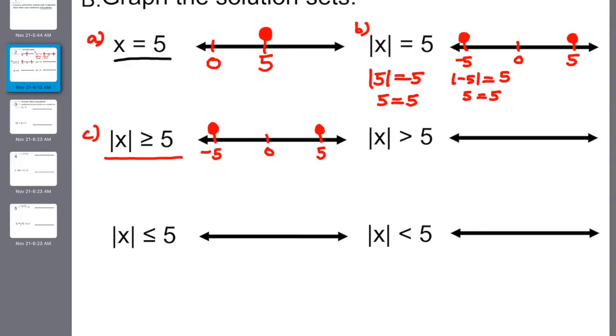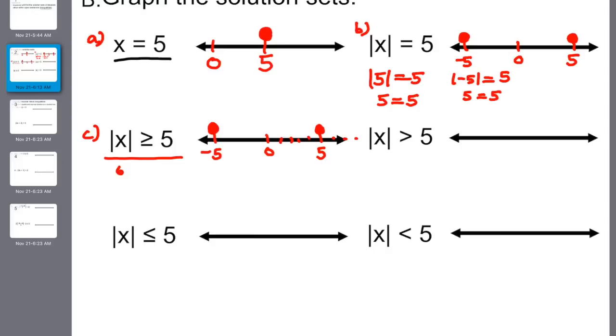Now, this inequality is also asking for everything that's more than 5 units from 0. So ask yourself, is any value, let's say 1, 2, 3, 4, any of those numbers more than 5 units from 0? Or are we talking about the things on the outside here, like 6, 7, 8, and so on?